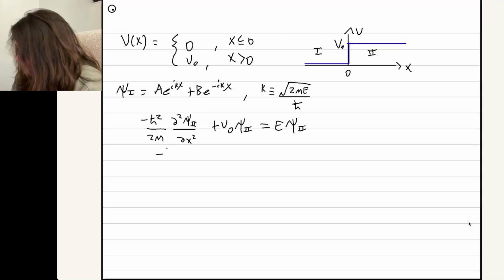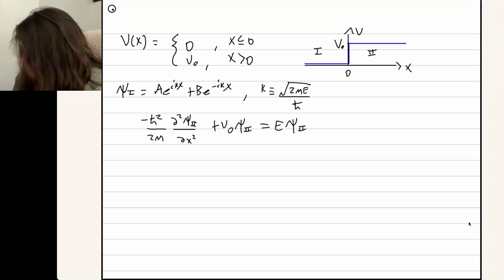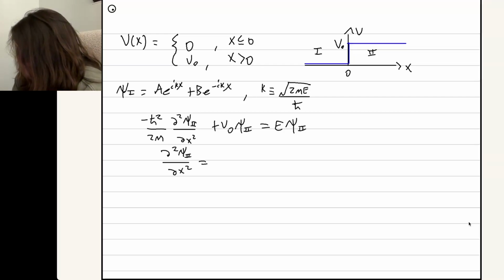And it's not like we haven't seen this equation before, so it won't terrify you if I put it like this. And then this is going to be minus 2m over h bar squared (E minus V naught) psi 2.